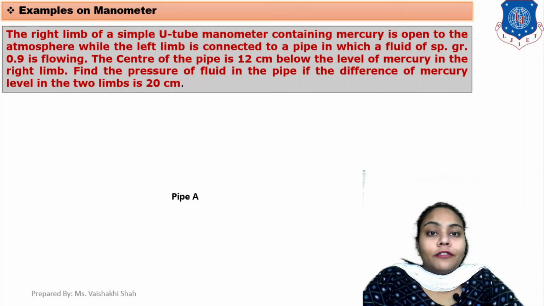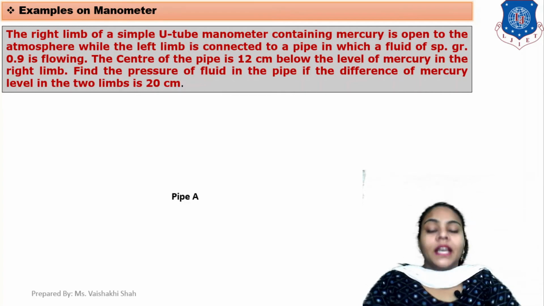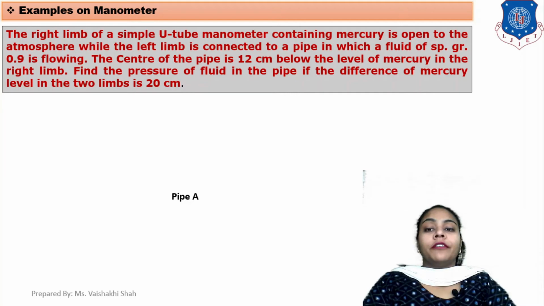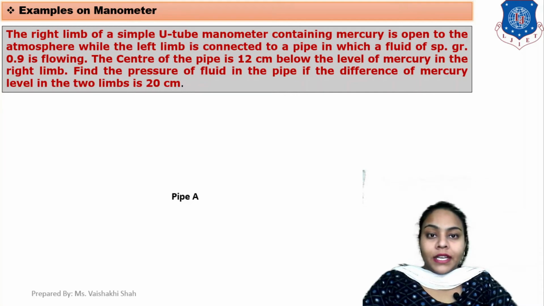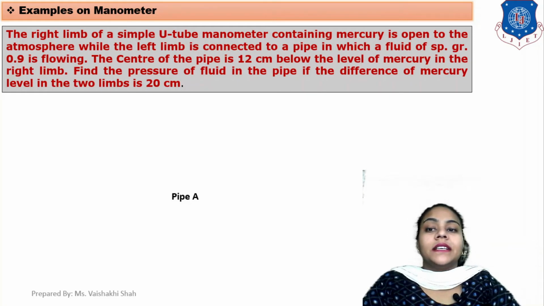The center of the pipe is 12 centimeter below the level of mercury in the right limb. Find the pressure of fluid in the pipe if the difference of mercury level in the two limbs is 20 centimeter.